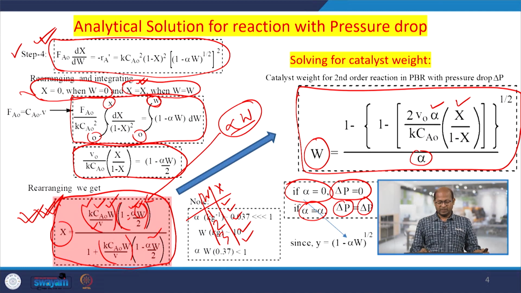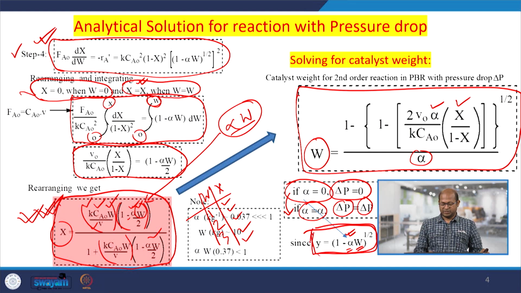If we change alpha from 0 to any value, then accordingly the pressure will change and the pressure drop will vary, and the corresponding conversion of the packed bed reactor will vary.